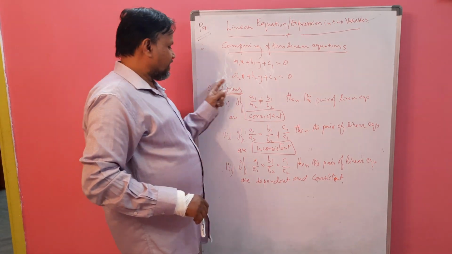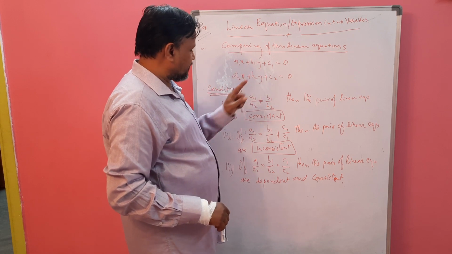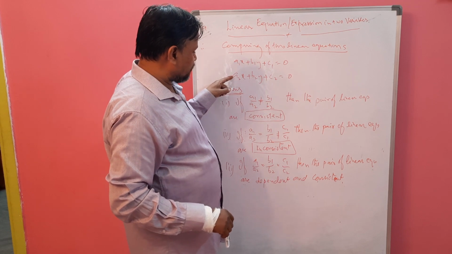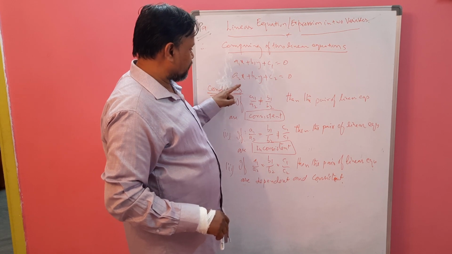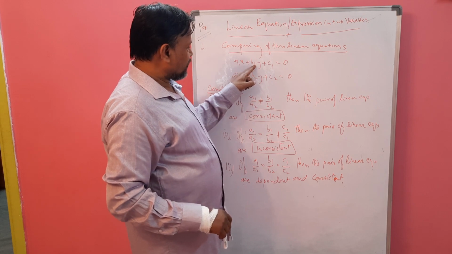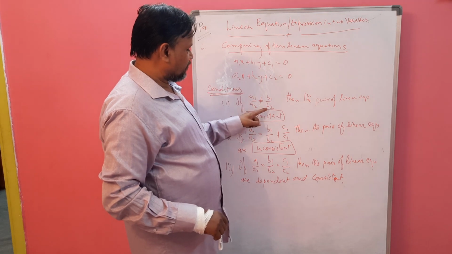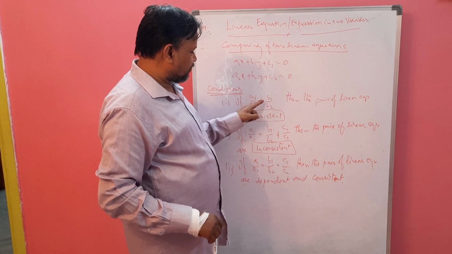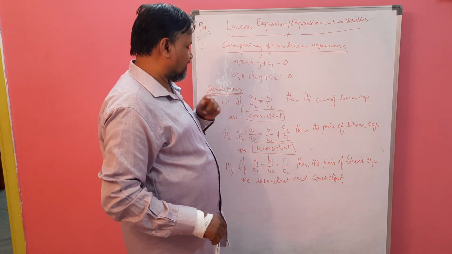Now the first condition. For a1, b1, c1, a2, b2, c2: if a1 by a2, the ratio of the coefficients of x of the first and second equations, is not equal to b1 by b2, the ratio of the coefficients of y, then the pair of linear equations is consistent.